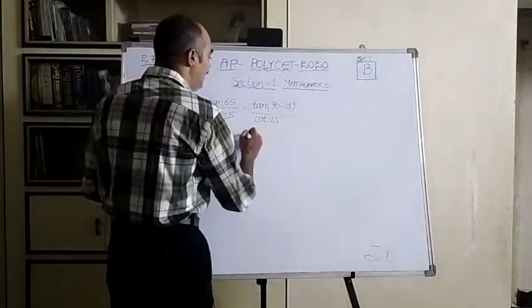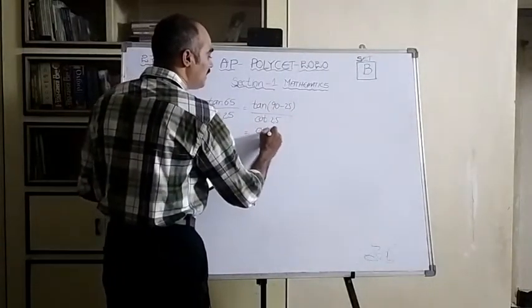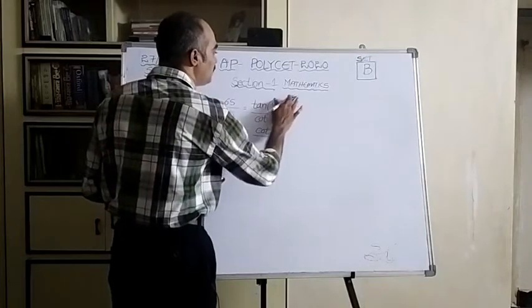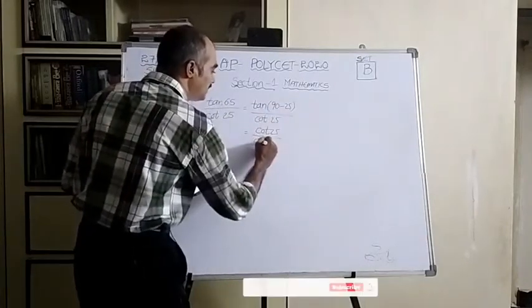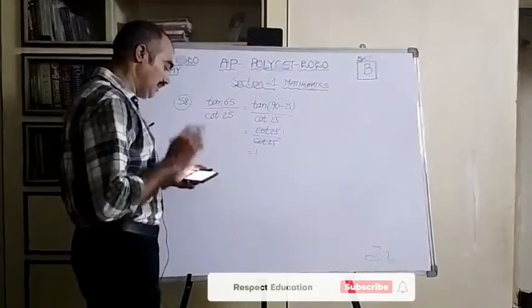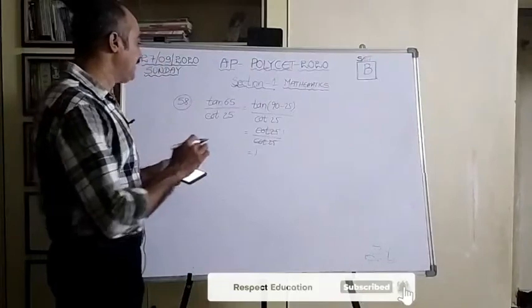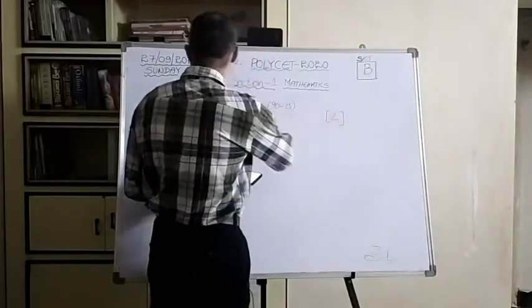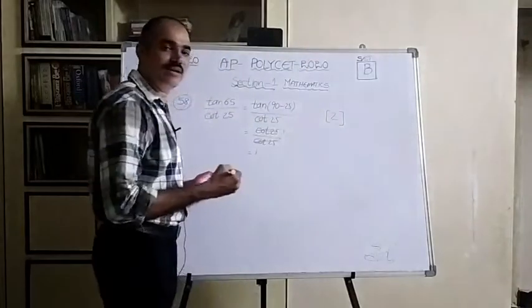So tan of 90 minus theta is cot theta. Theta means 25, so cot theta means cot 25. By this, cot 25 as it is. So when you cancel, you get the answer as 1. So from the options, the second option has this 1. So for this 58th question, option 2 is the right one.